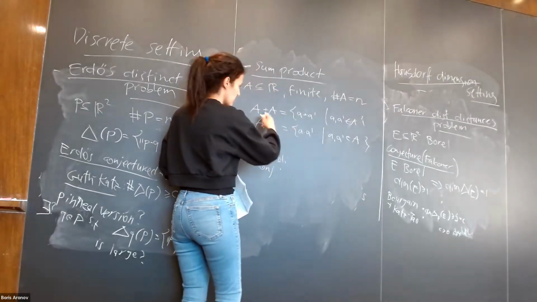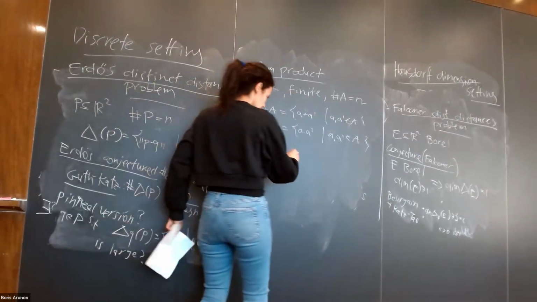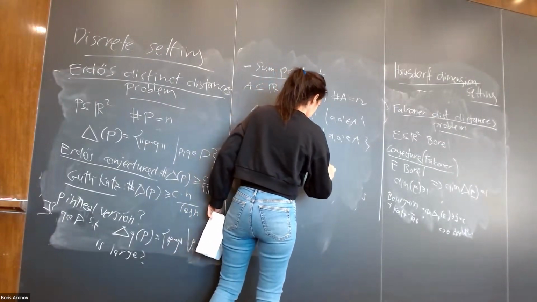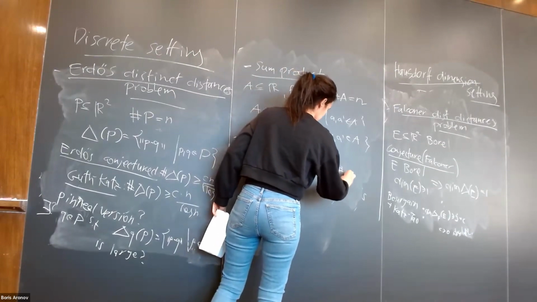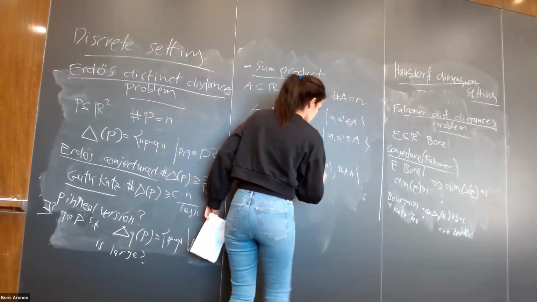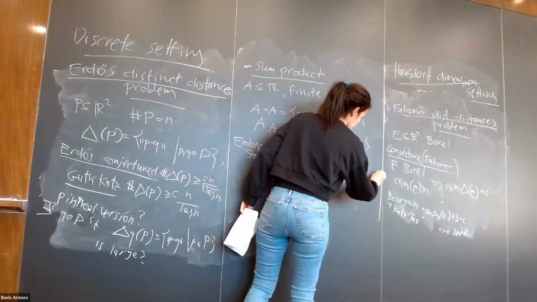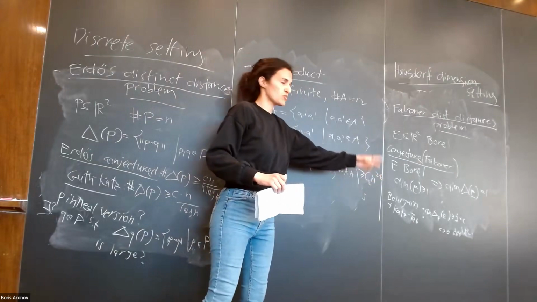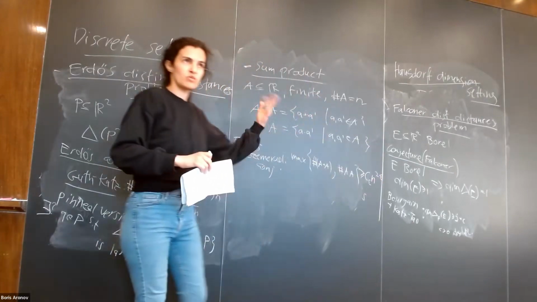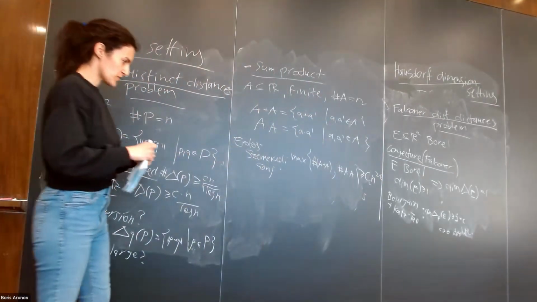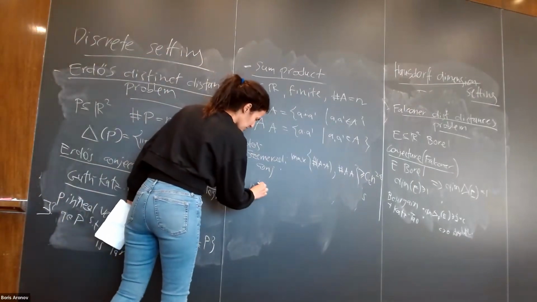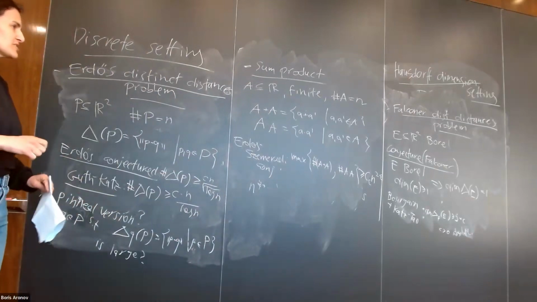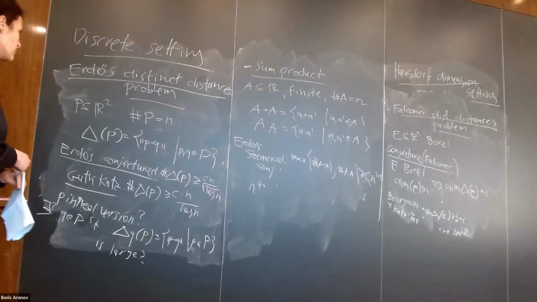So they said that one of them should be close to n squared: the maximum of the cardinalities of A plus A and A times A should be at least n to the 2 minus epsilon. They proved it should be more than linear, so they proved little omega of n, and people improved it over the years. And now the record is n to the 4/3 plus a constant. I'm just mentioning it briefly to show the analogy.